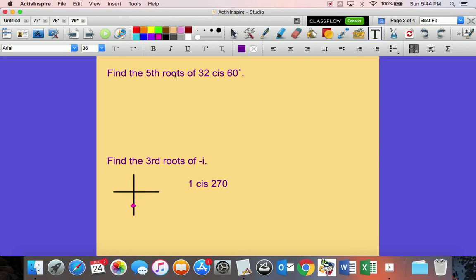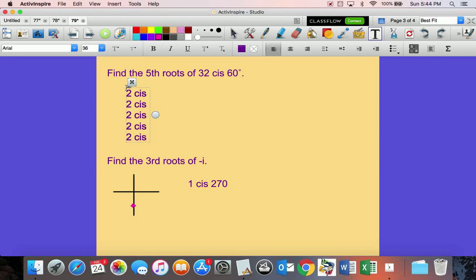Well, to find the 5th root of that, we just take the 5th root of 32, which ends up being a 2. And then we're going to put the cis down. Now we're going to have 5 of these because that's what it says. Find the 5th root. There's always going to be the same number of roots as what it says to find. So if you wanted to, you could write down 5 of these right away. There's half of the problem right there.